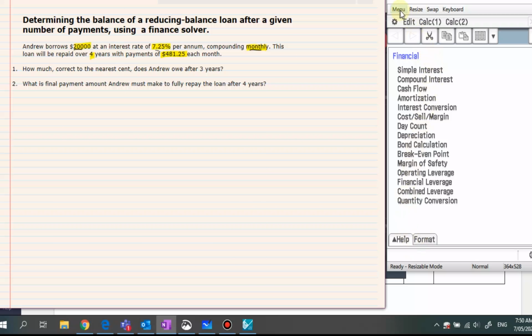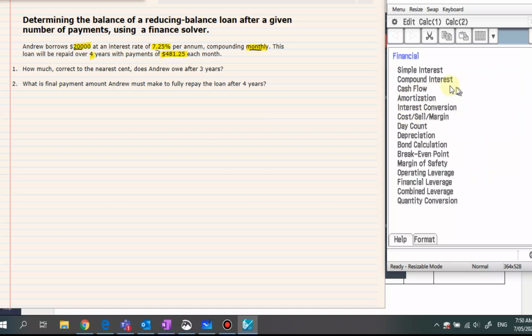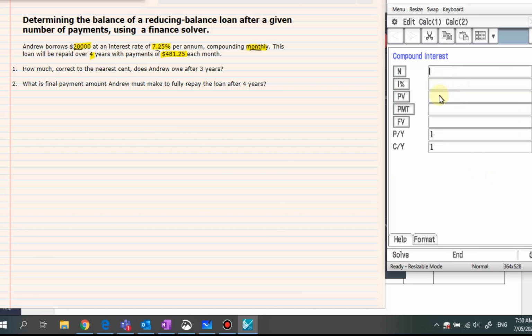If you're not sure where that is, generally on the second page of our Casio CAS is financial, and then we want to hit compound interest. So N is the number of periods we're interested in. So 3 years, so we're interested in it being 36 months because it's a monthly payment.